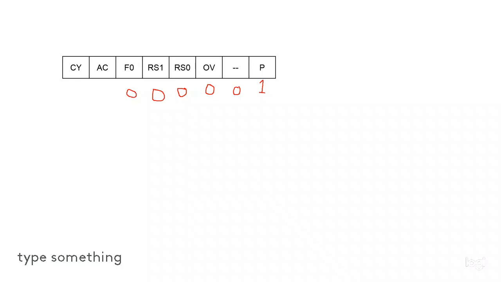The carry flag means whenever we get a carry from the higher nibble, that is the eighth bit. If you get a carry from the 8th bit, then we call it 1. So in this problem we got a carry from the 8th bit onwards. The auxiliary carry is the carry generated from the lower nibble to the higher nibble, from the 4th bit to the 5th bit. In this problem, this also is going to be set. So the carry flag is 1, the auxiliary carry flag is 1, and the parity flag is 1 for the given problem.